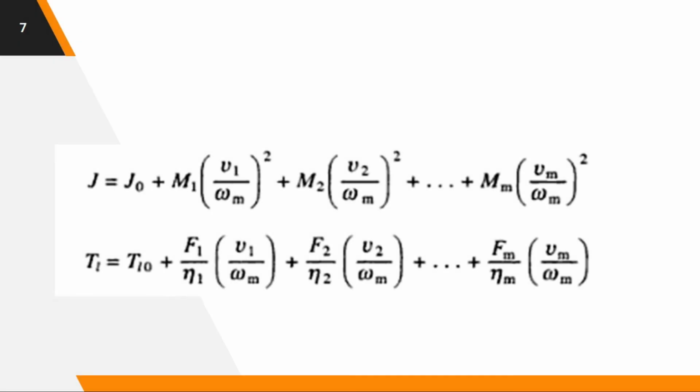So this is your generalized equation for moment of inertia J with a load which is directly connected and some other loads having translation motion, and this is the torque equation. This is the load torque plus translation load 1, translation load 2, like that.